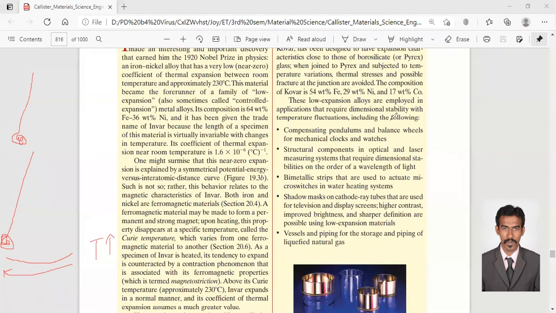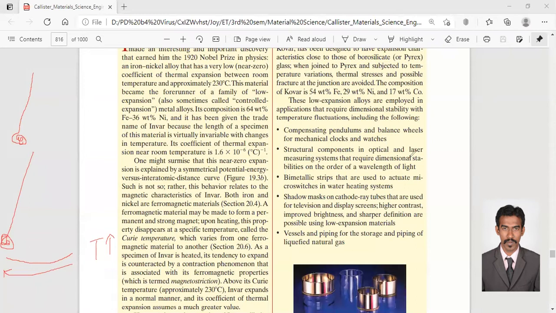These watches and mechanical clocks have small wheels or gear setups inside, right? You might have seen in wall clocks, if you open it, you will find something made of plastic. That's fine. In case it is metal, then it will expand with thermal increase, I mean, increase in temperature, and they will cause problems with the timing.